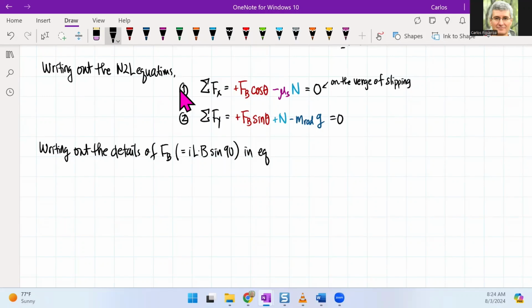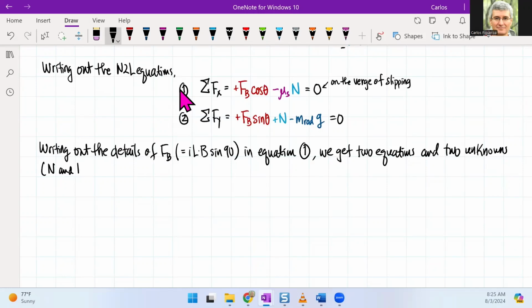In equation 1, we get two equations and two unknowns. And the two unknowns here are going to be the normal and the magnetic field.